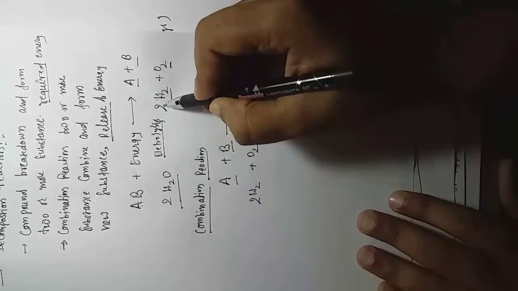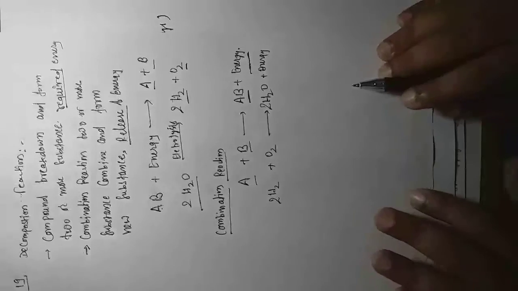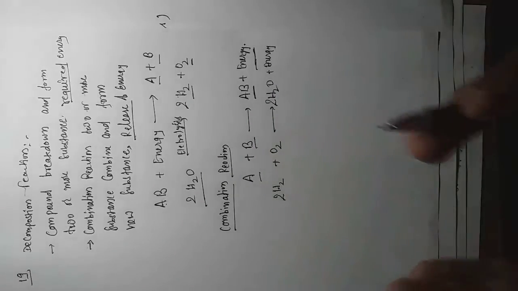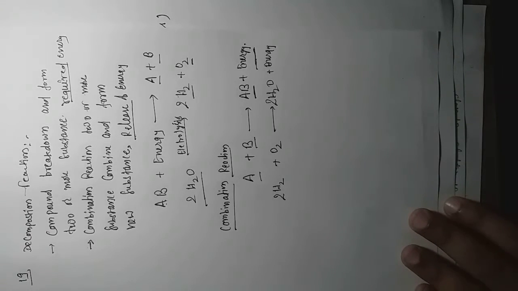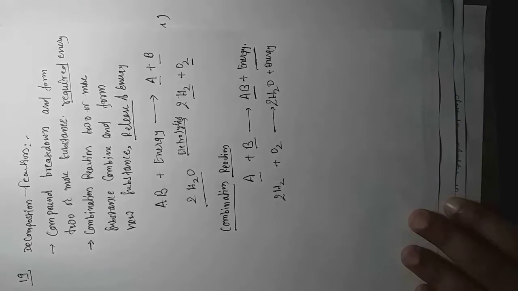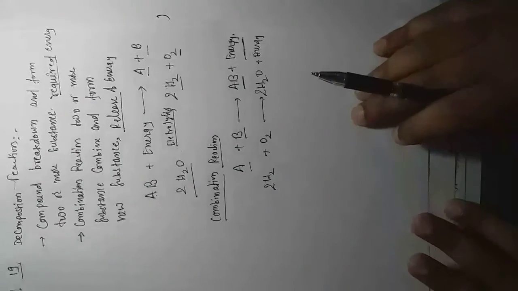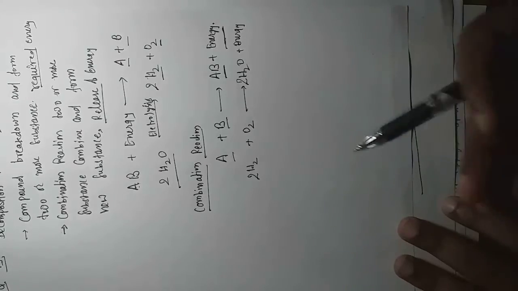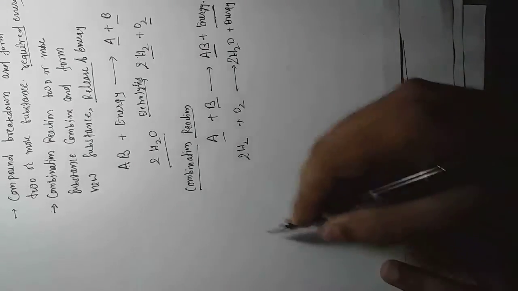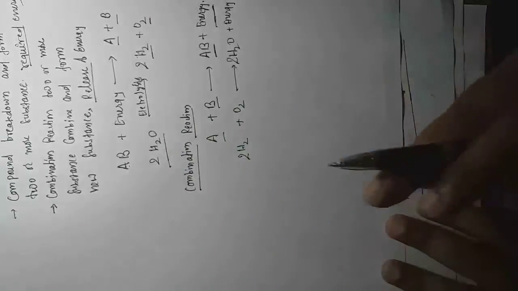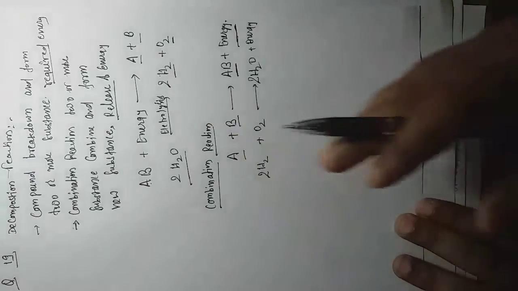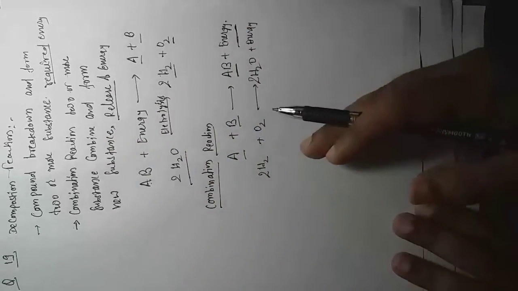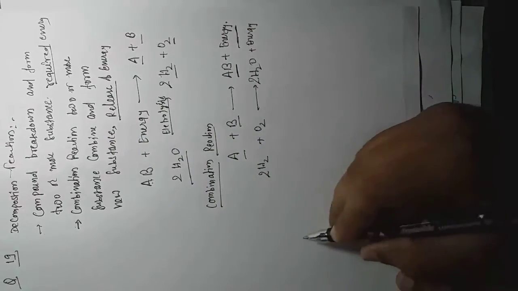When you read all these key factors, you will decide that combination and decomposition are definitely opposite to each other. This is a 3-mark or 5-mark explanatory question, so be careful when practicing the answer. Write the key factors like this to get good marks.